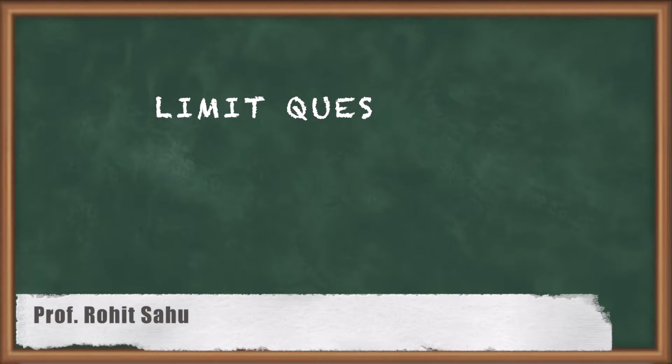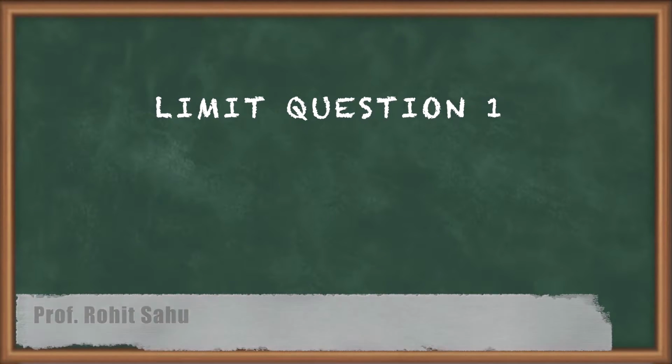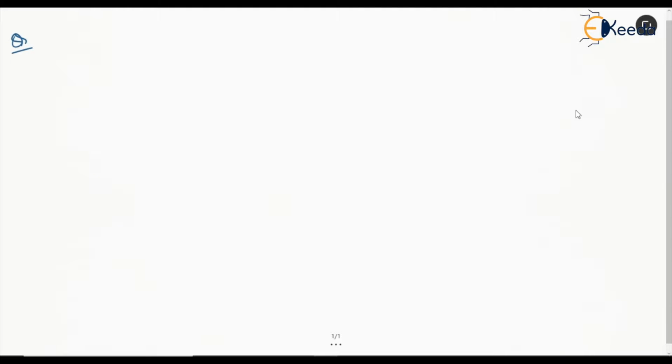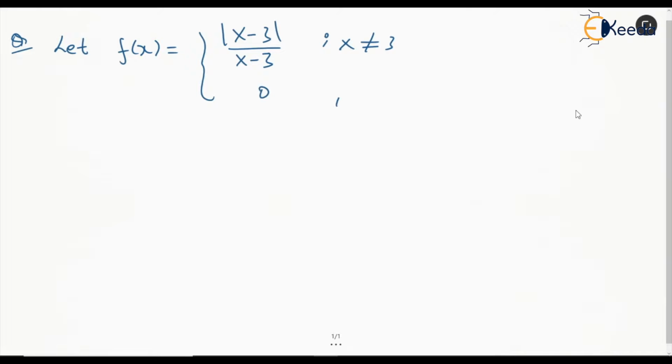Hello everyone. So let's see one question on limits. It says let f of x is equal to mod x minus 3 by x minus 3 for x not equal to 3 and it is 0 for x is equal to 3.